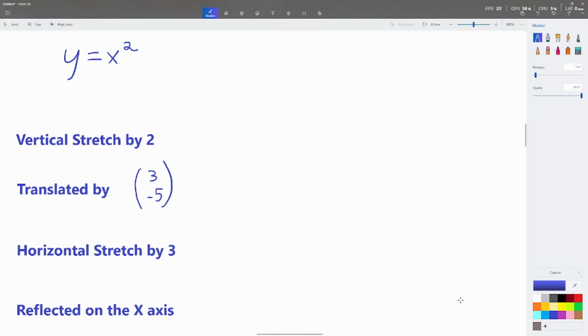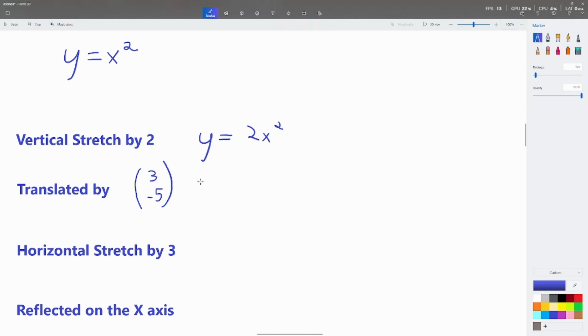So vertical stretch by 2, I think this is one of the most obvious parts. So it will be just 2x squared. Sometimes you might be wondering, maybe it's like (2x) to the power. No, because then the 2 would go also to the power. So don't do this. I messed it up one time because of this.